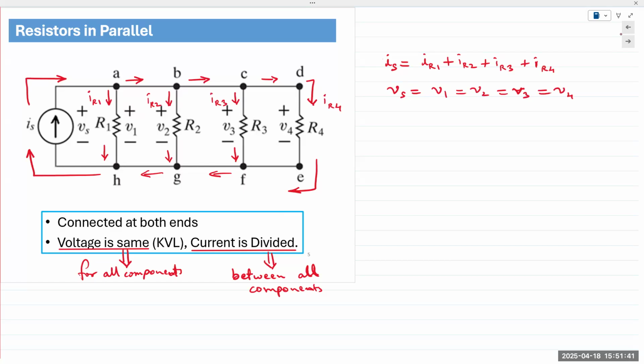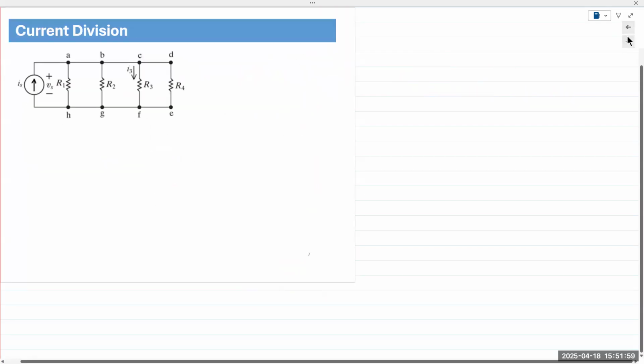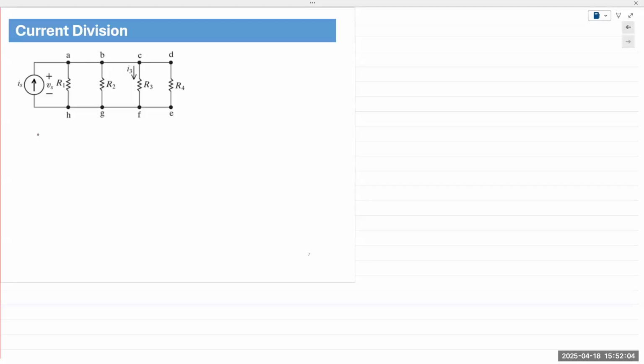The voltage remains same, current is divided. And from Ohm's law again, I can state that the current source is seeing all the resistors as one single total equivalent resistance, and I can draw the circuit as seen by, or from the perspective of, current source IS.